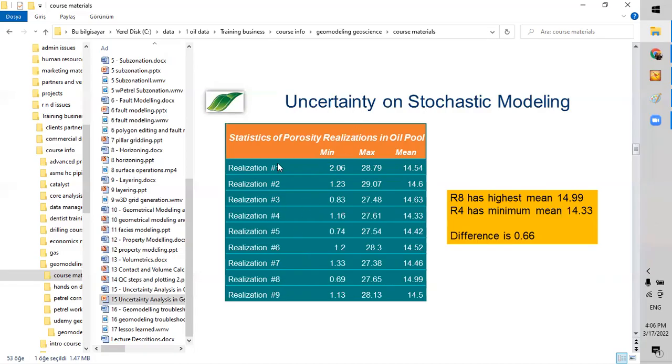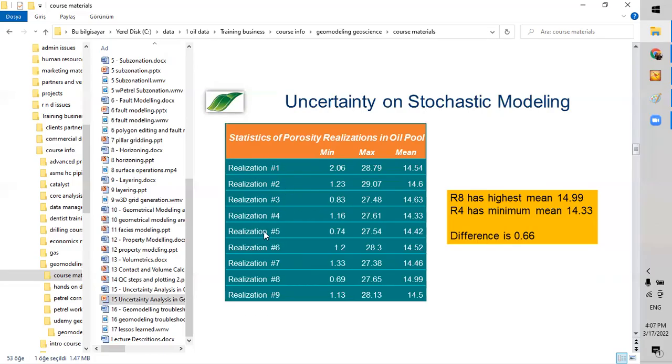And you see, in each realization, the minimum, maximum, and mean value of the porosity is changing. You see here 14.54, 14.63, 14.33, and the highest is 14.99, and the difference is 0.66, almost 0.5%, in the realizations.